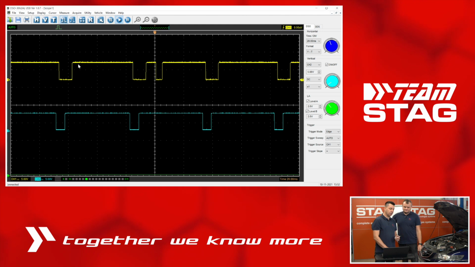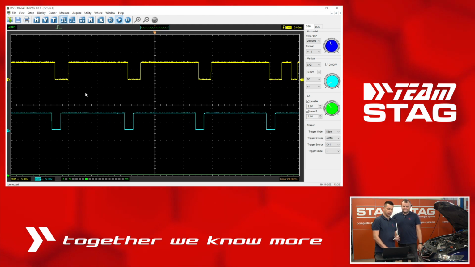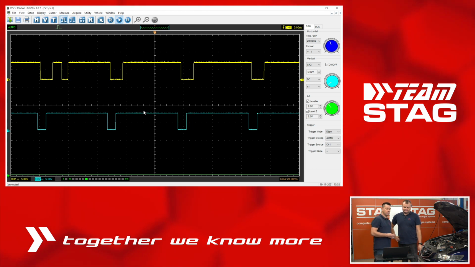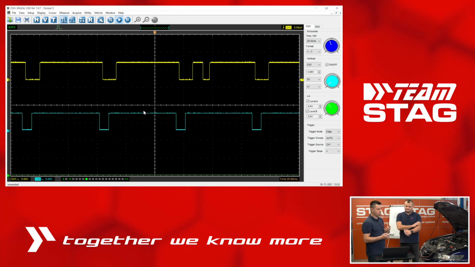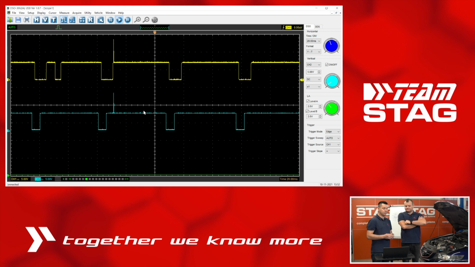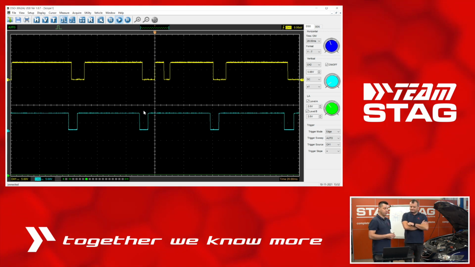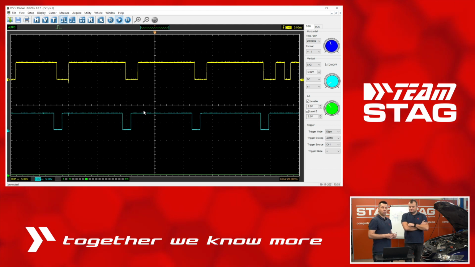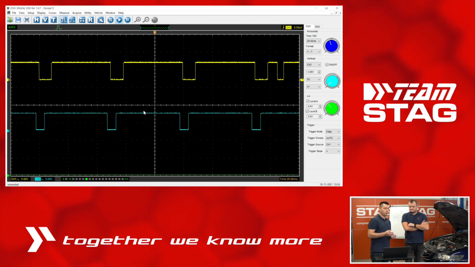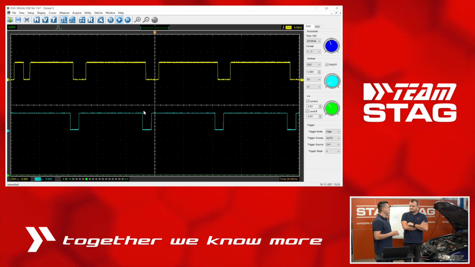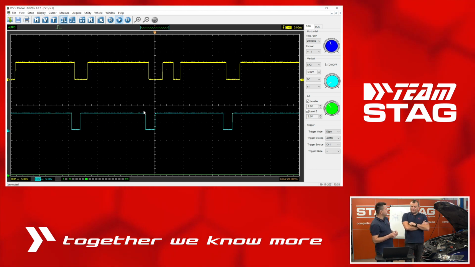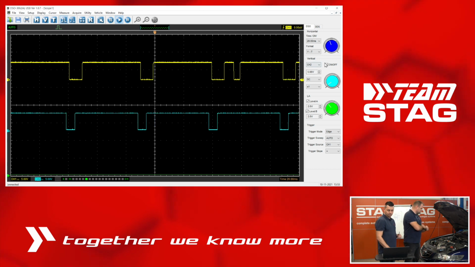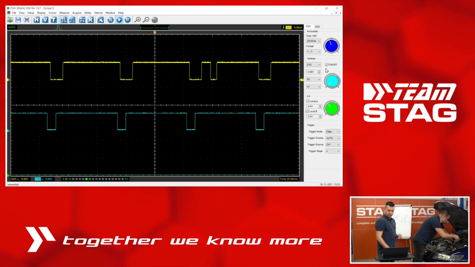As you can see on the blue probe and the yellow probe, we have a typical Hall-tronic signal already gathered. So right now we have information about the camshaft position sensors. What we want to do now is connect the crankshaft position sensor. I will switch the yellow probe to the crankshaft. Let's do it. Marcin will change it.